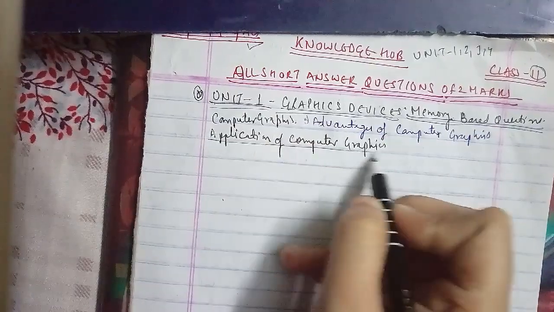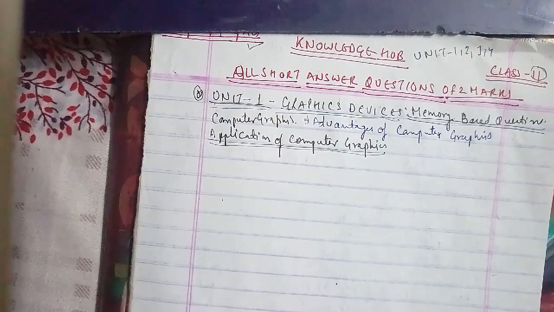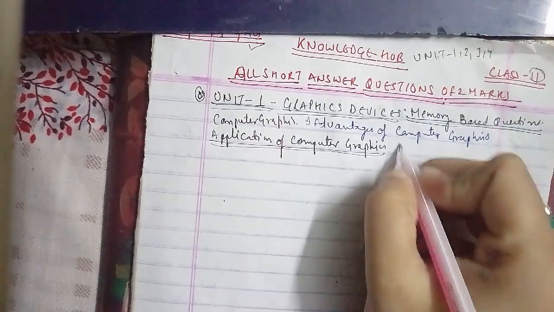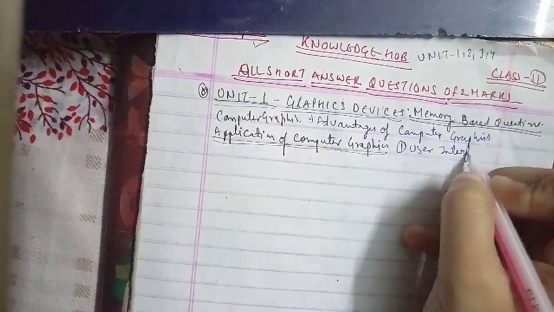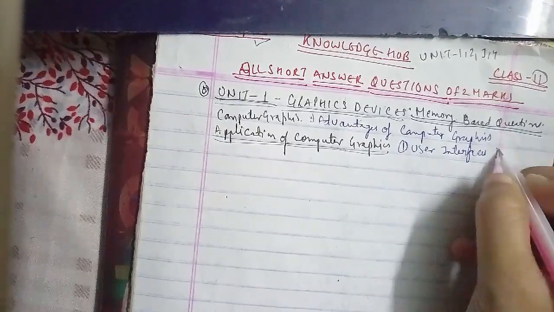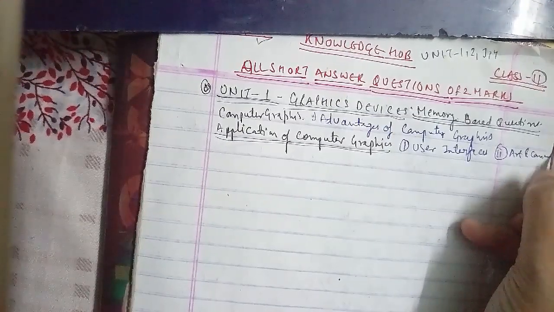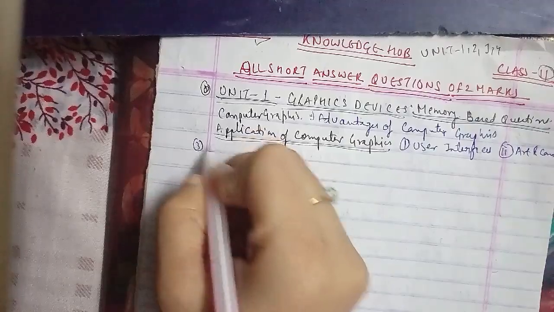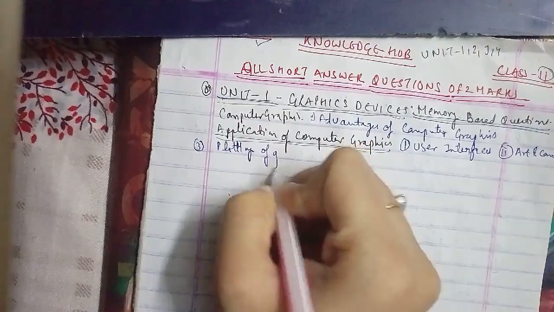The first is user interface. The second is art and commerce. The third is plotting of graphics and charts. The fourth is simulation and animation.